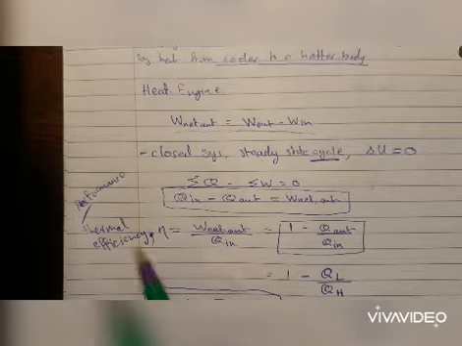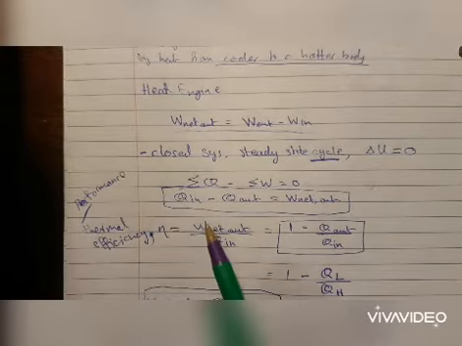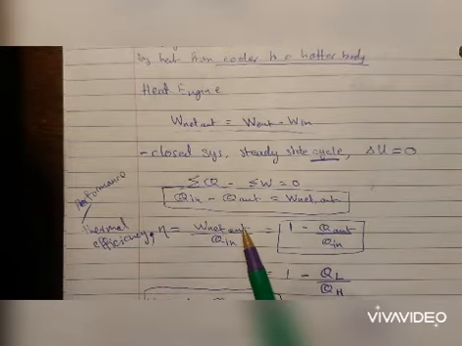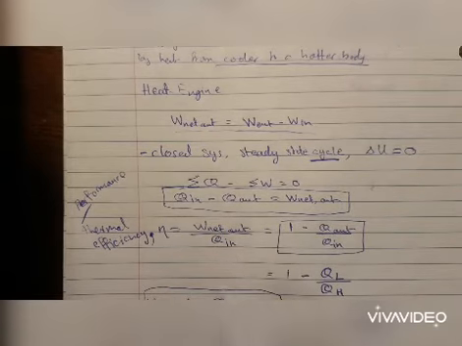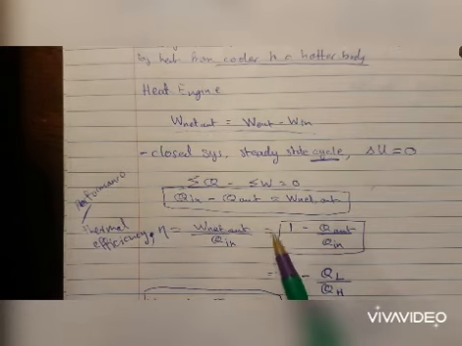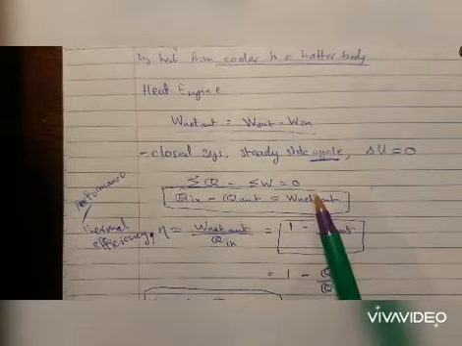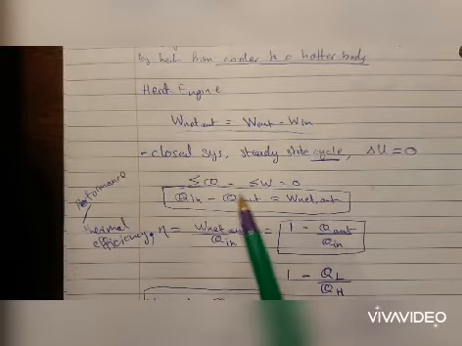So the performance, thermal efficiency for a heat engine, would be work net out divided by what's causing the work to happen, which is Q in. And then we know that work net out is basically Q in minus Q out.